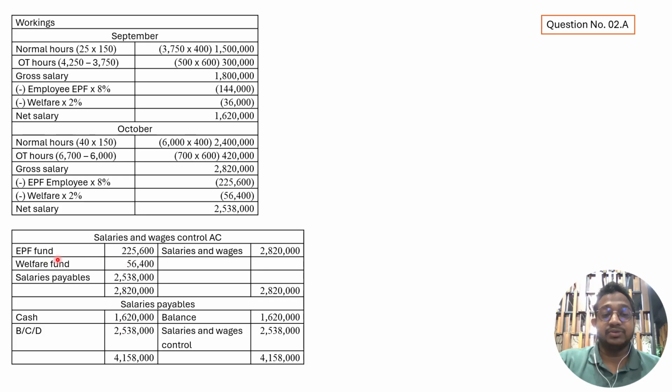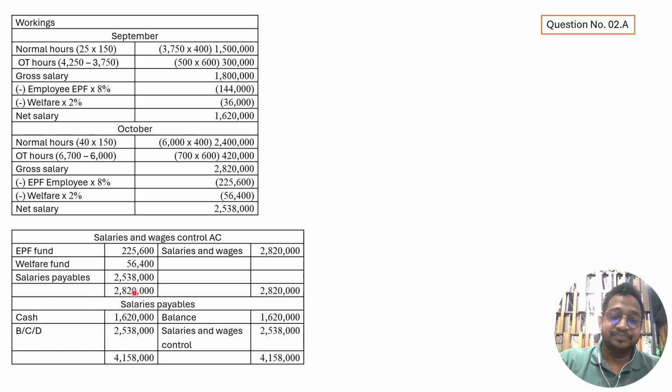And for EPF, you should write off 225,600. The double entry should be salaries and wages control account debit, EPF payables credit, and then the welfare fund contribution, salaries and wages control account debit, and the welfare fund credit.